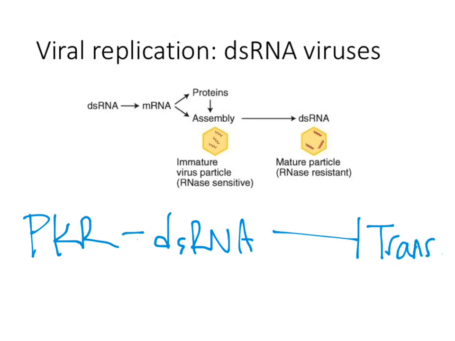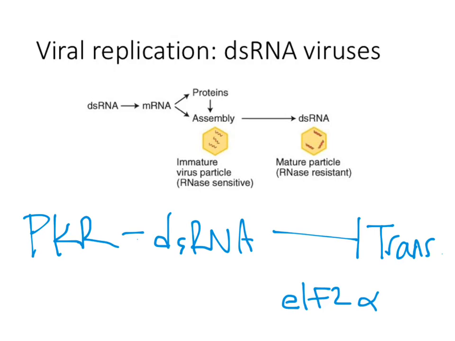The way that it does so is that PKR is a kinase, so it phosphorylates stuff. One of the proteins it phosphorylates is EIF2 alpha, or sometimes just referred to as EIF2. This particular one is involved in recruiting the methionine tRNA to the start codon, so it's involved in the first amino acid that's added to a growing polypeptide chain during translation.